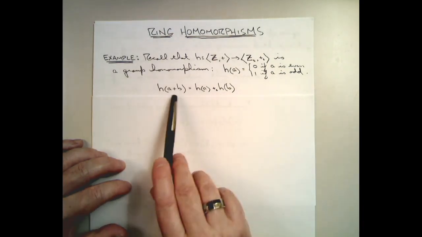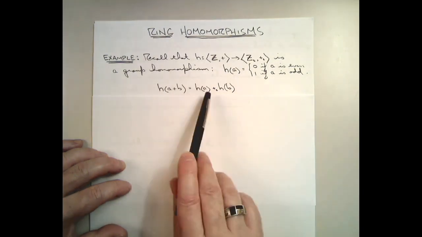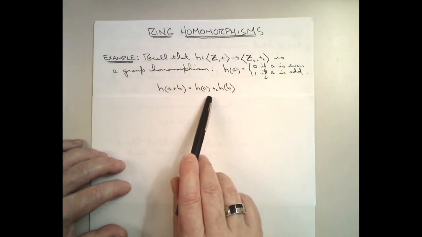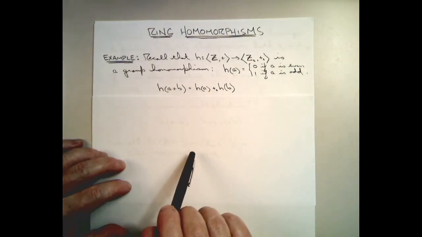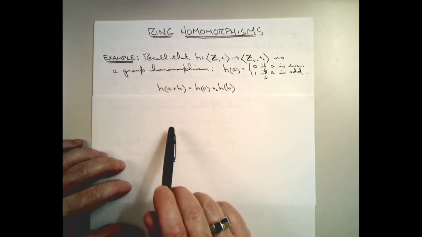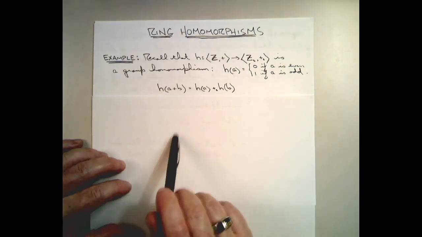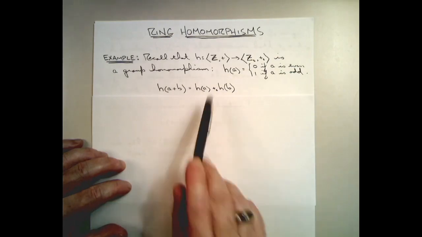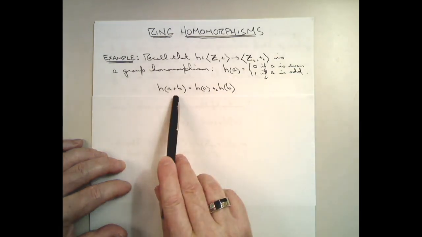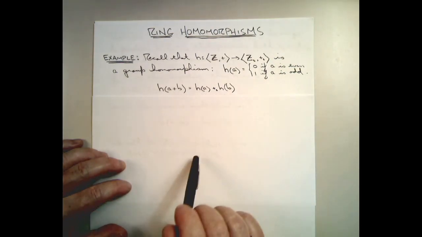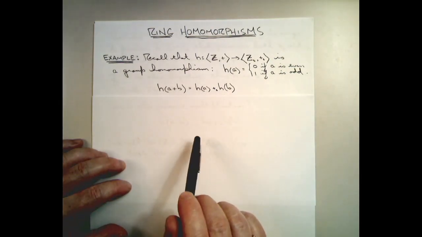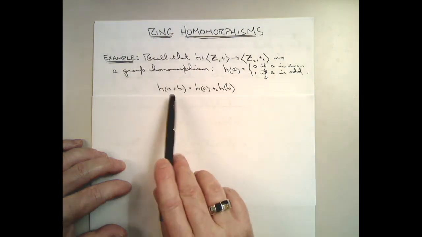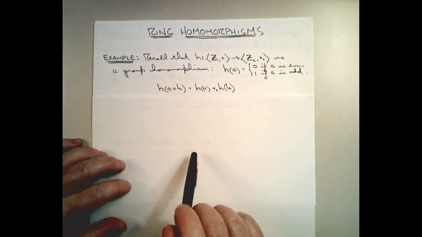So whether I add first in Z or look at the image in Z2 and then do my addition, I get the same result. Similarly, if A and B were both odd, I'm going to get an even number, but 1 plus 1 is 0. And so h of an even number being 0 and 1 plus 1 being 0 also gives us the same value whenever I do my addition, either first in Z or later in Z2.